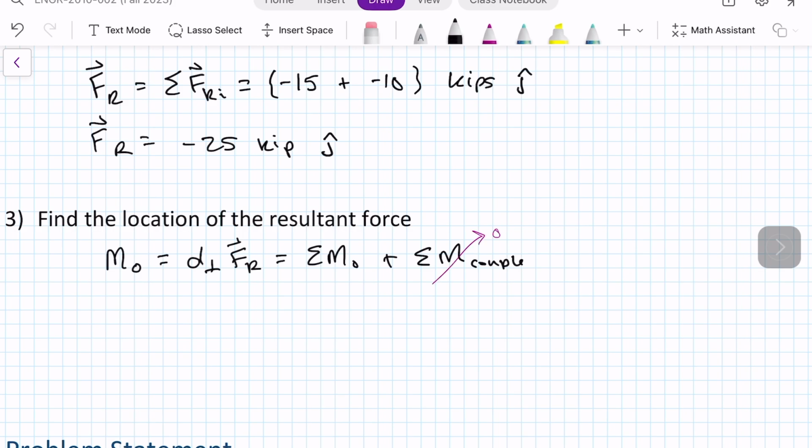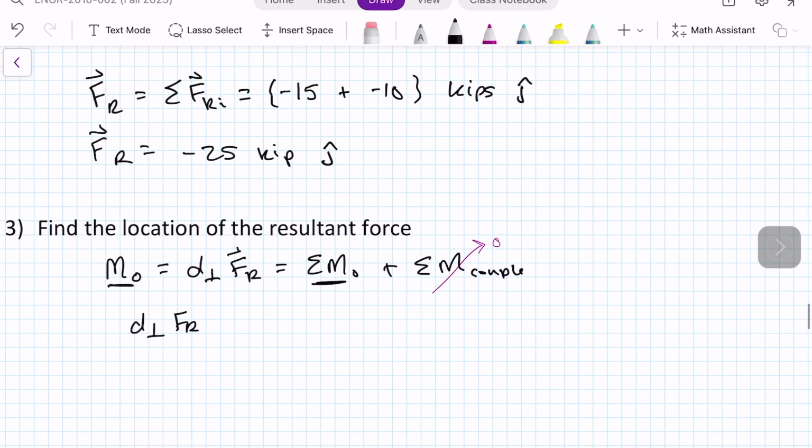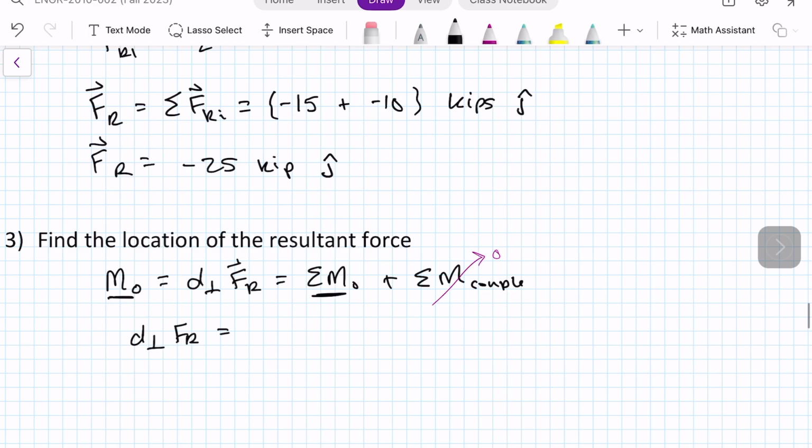If we want to figure this out, we have D, the perpendicular moment arm of the resultant force, and that would be equal to the moment arm for the first resultant force plus the moment arm for the second resultant force.